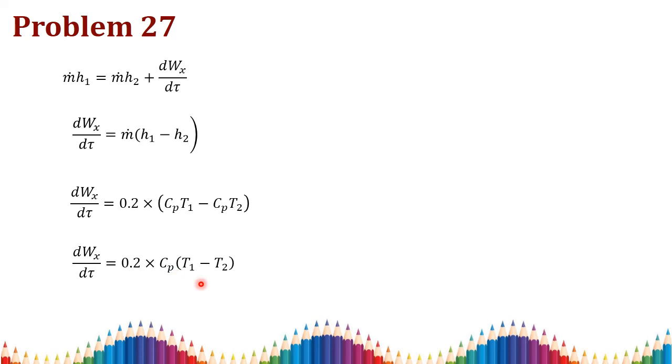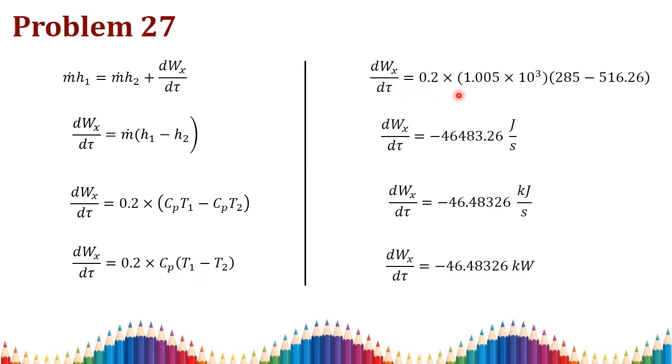Then you apply the values in SI units, and you will get dWx by d tau as minus 46483.26 joule per second, or minus 46.483 kilojoule per second. Then this kilojoule per second can be written as kilowatt, that is dWx by d tau is equal to minus 46.48 kilowatt.